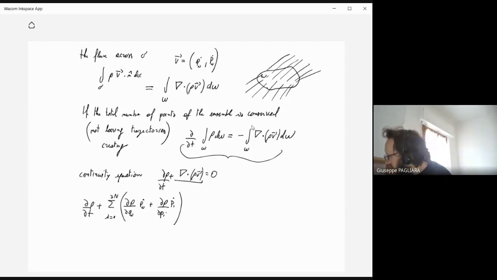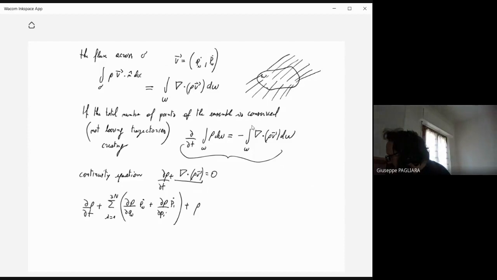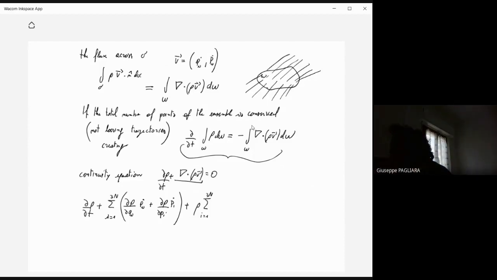So this differential operator is acting on rho, plus then I have rho times a sum from 1 to 3n of the derivatives of the velocity components: the derivative of qi dot with respect to qi plus the derivative of pi dot with respect to pi. And this must be equal to 0 for continuity.